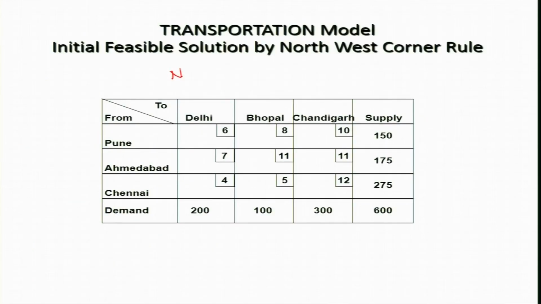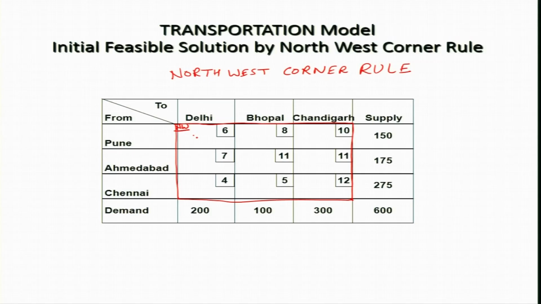Northwest corner rule, to find the initial feasible solution. Out of these cells where we have to transport the material, if we focus on this particular matrix, this corner is called the northwest corner.